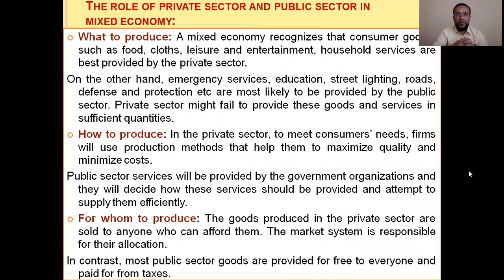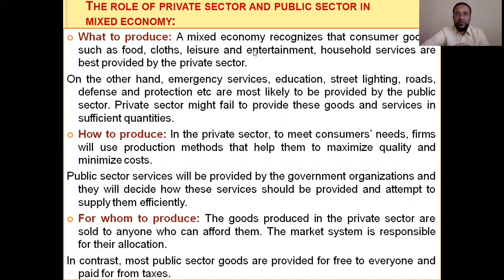Now, the role of the private sector and public sector in a mixed economy. We know that the basic economic problem is what to produce, how to produce, and for whom to produce. To overcome this basic economic problem in the mixed economy, both the private sector and public sector contribute together. Now let us look at what to produce.